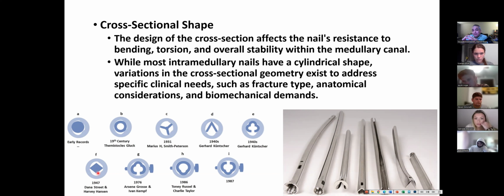This torsional stiffness has nothing to do with the torsional stiffness of the nail. It is the torsional stiffness of the bone around the nail, not the nail itself. I mean, the bone can rotate around the nail if it is circular, but if it is triangular, the bone cannot rotate around the nail. Okay? So these are two different things.